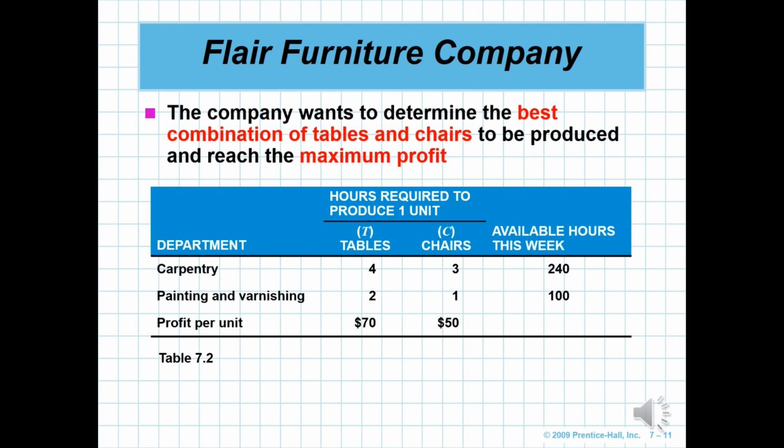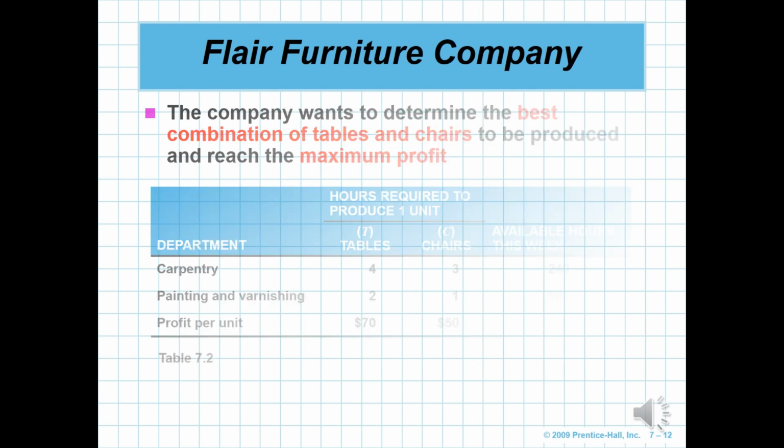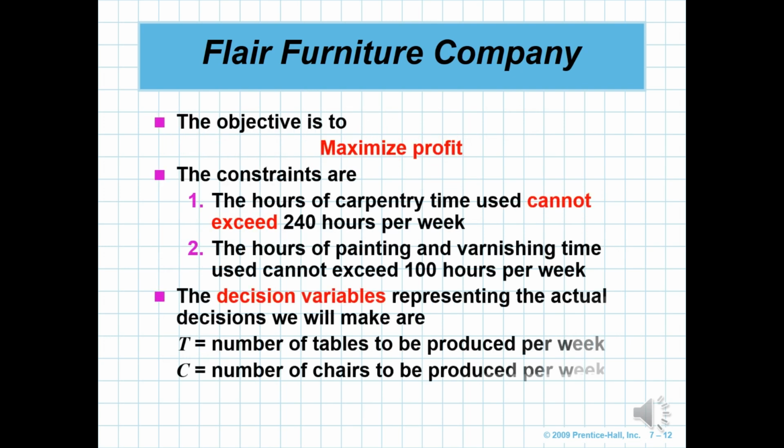So for carpentry, a table needs 4 hours and a chair needs 3 hours, and the total number of hours for carpentry is 240. The same thing for painting and varnishing. And this is the profit for each table and chair produced. So the objective is to maximize the profit.